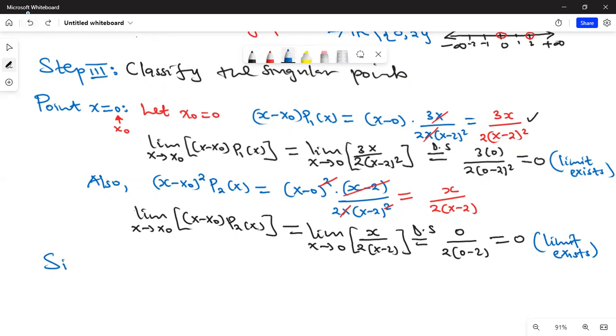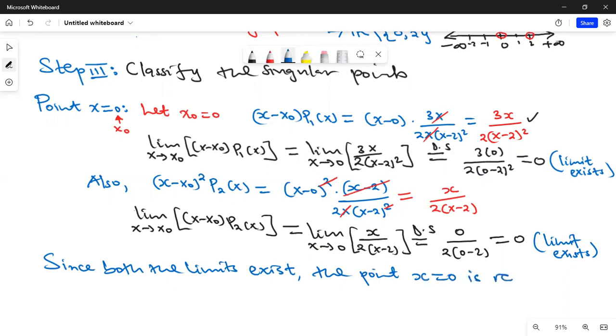The key term is both. Since both the limits exist, the point x equals 0 is irregular.